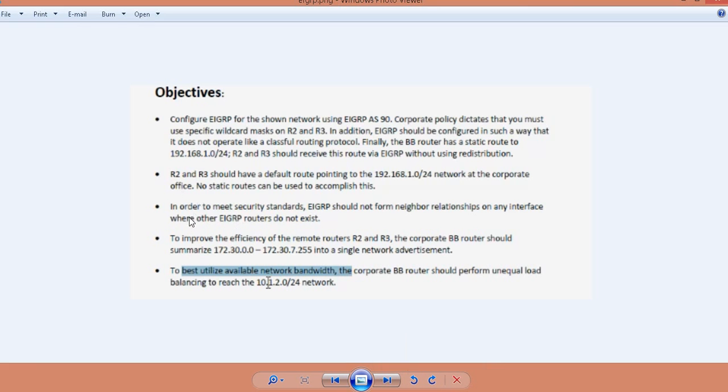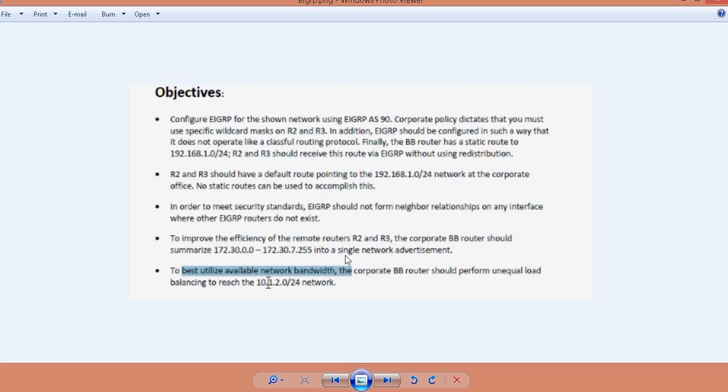Okay, the third objective is done. The fourth objective states: to improve the efficiency of the remote routers 2 and 3, the corporate backbone router should summarize 172.30.0.0 to 172.30.7.0 into a single network advertisement.